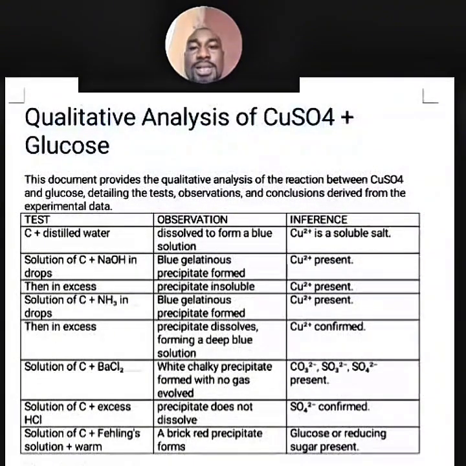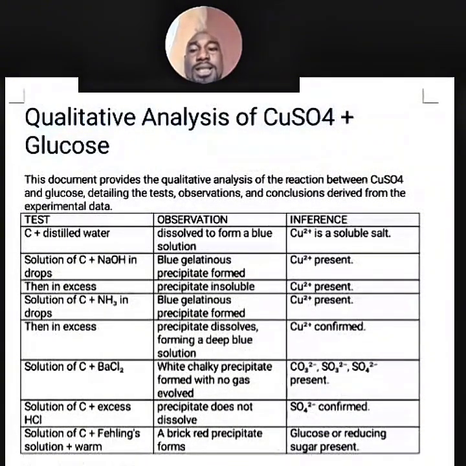When you add sodium hydroxide in excess, the precipitate will be insoluble. It will not dissolve. So you still say copper 2 ion is present in the inference. Then you move to the next test, which is solution of sample C plus ammonia in drops.